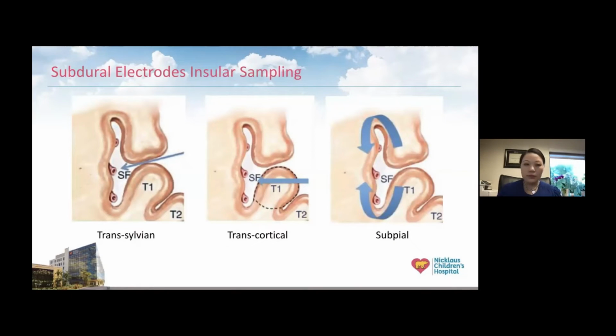And really there are different types of subdural monitoring of insular sampling. So one of the techniques, as I mentioned before, is this transsylvian technique where we open up the sylvian fissure. We can also employ a transcortical technique that we can use with a temporal resection or implantation, and sampling of the insula through a transcortical approach, and then also the subpial approach for assessment of the insula as well.